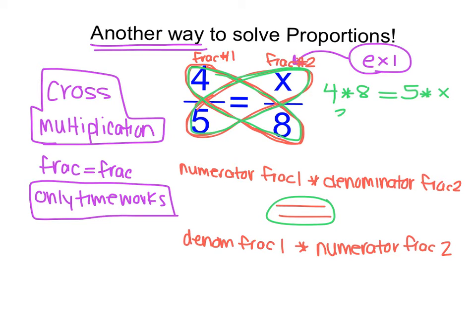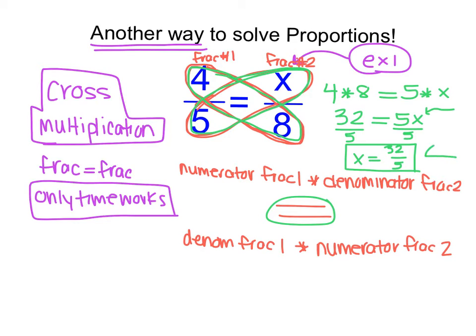Now the left-hand side becomes 32 is equal to 5x. Now we need to get the x completely by itself, so we divide both sides by 5, and we end up with x equals 32 over 5, which, if you look back at your notes for example 1, is exactly what we got the first time. So you can see that this strategy also works and helps us reach that exact same conclusion.